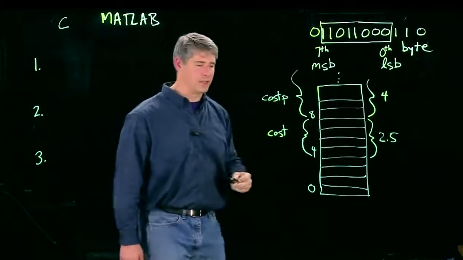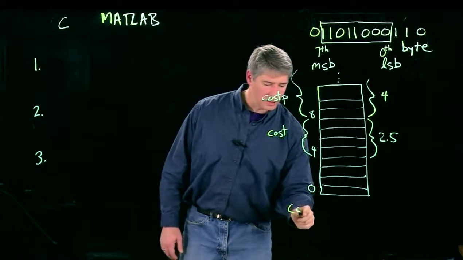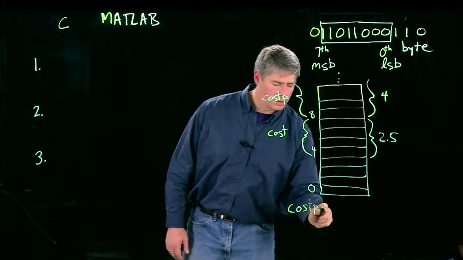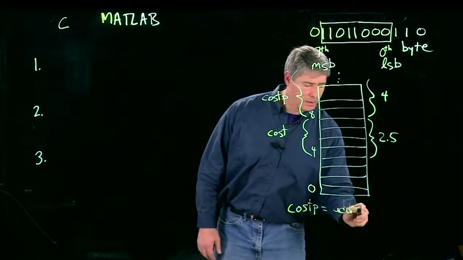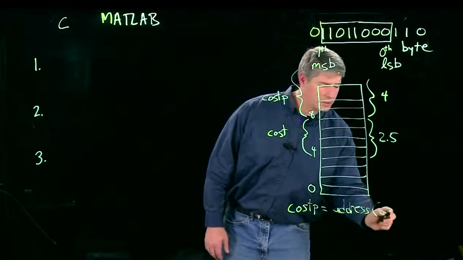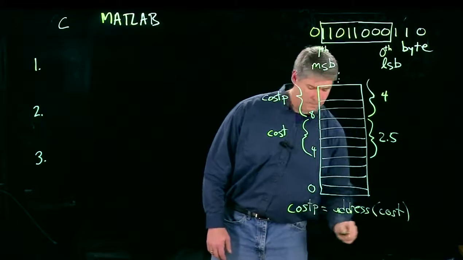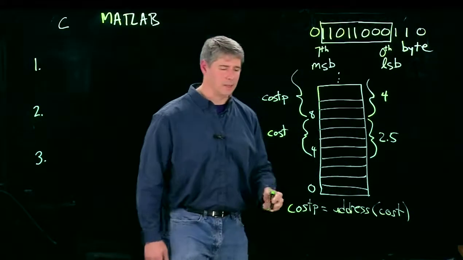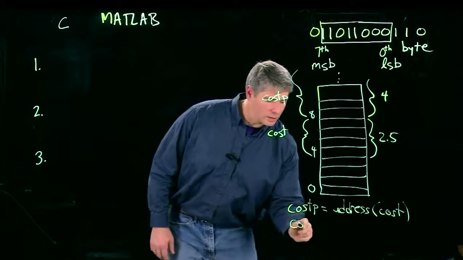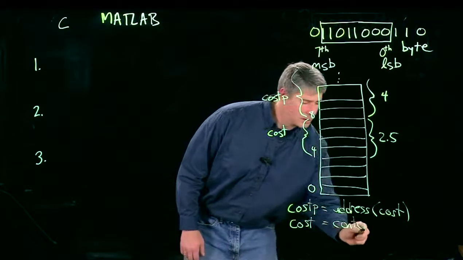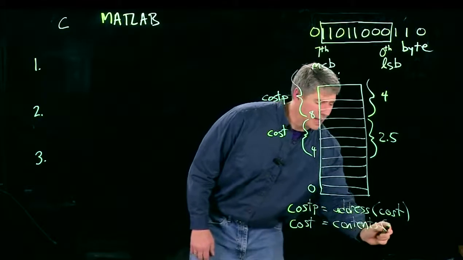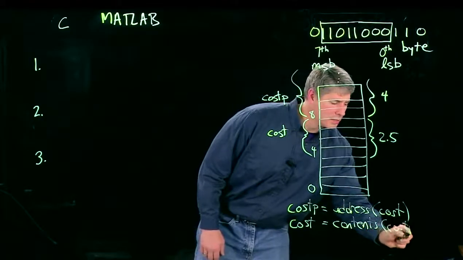So we could write this out in English and say that cost p is equal to the address of cost. And we can even say something like cost is equal to the contents at the address cost p.